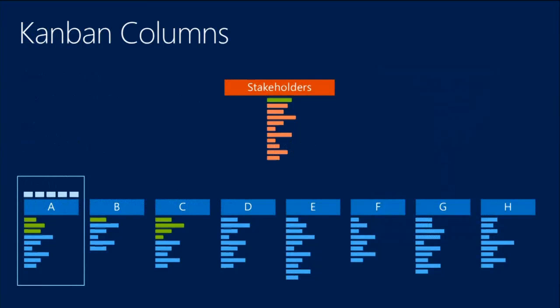Okay, so let's talk about some of the features. One of the features we implemented recently as an update to the 2012 release is Kanban columns. So what we provide is the ability, and how many of you work with Kanban boards? Okay, quite a few of you.